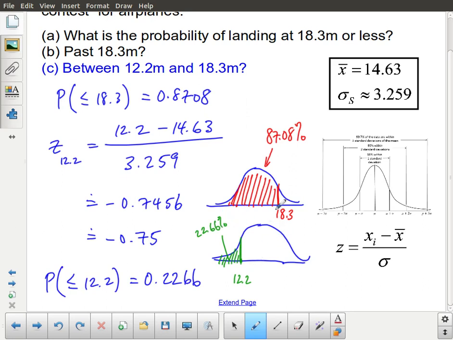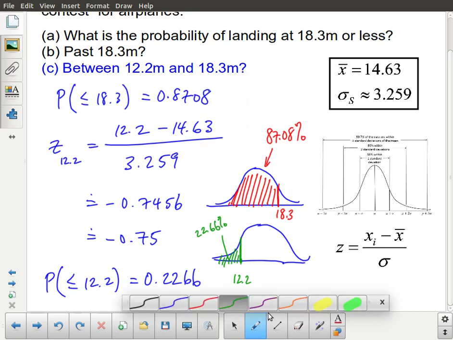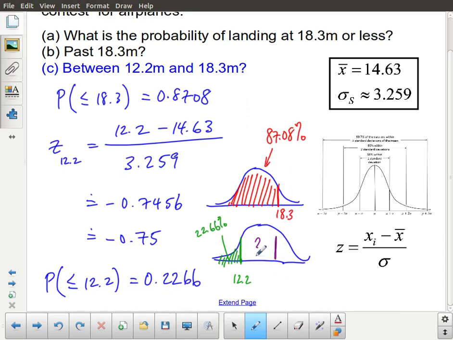And what we have to figure out now is, using these two numbers, how do I figure out the data in between? So how do I figure out the area represented by that purple section? And hopefully you can see that. What I need to do is take what I have in red here, and I have to get rid of this green part on the left. And that's going to give me the purple.